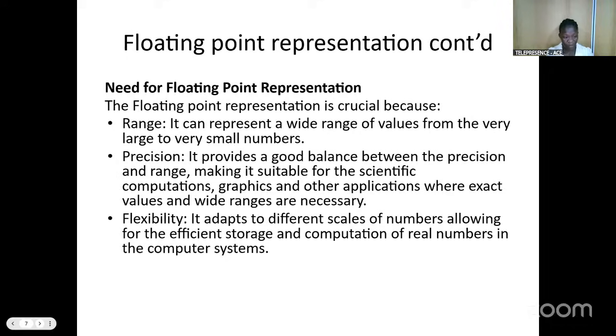For precision, it provides a good balance between precision, computation, graphics, and other applications where exact values and wide range are necessary. And for flexibility, it adapts to different scales of numbers, allowing for efficient storage and computation of real numbers on the computer system.